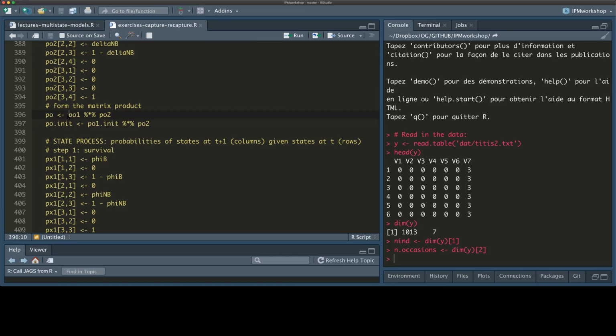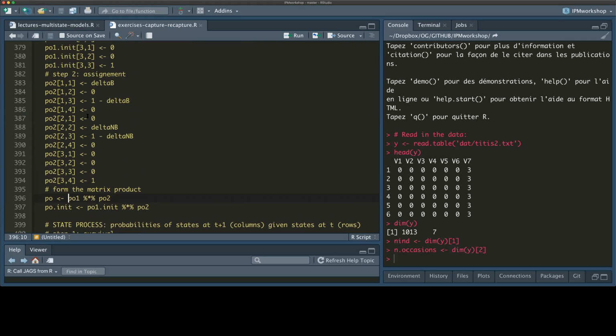One thing we haven't seen together is when I decompose the observation matrix in 2 steps. What I mean is it's a product of 2 matrices, the encounter matrix and the assessment matrix. In JAGS, it's not the case in WinBUGS, but in JAGS you have the matrix product. So this is what I do here.